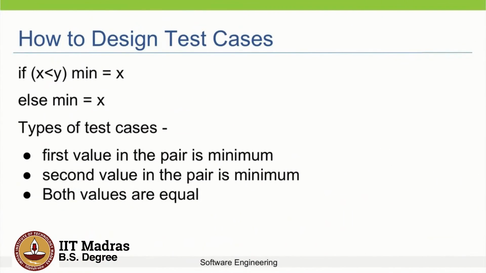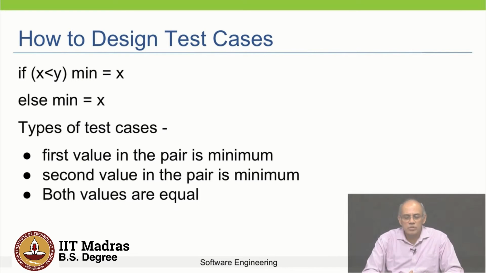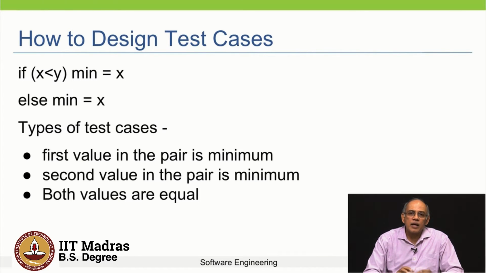Now that we have understood that it is essential to design the right type of test cases, how do we go about doing that? One way is to analyze the input output behavior only, right. We do not look at the code at all. For example, in the previous program we just keep putting values where each pair has a different relationship with each other.